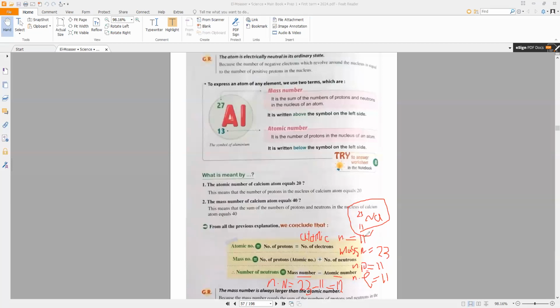The number of protons equals the atomic number, 11. The number of electrons equals the number of protons, 11. And the number of neutrons equals mass number minus atomic number, 23 minus 11, equals 12. This is an example on atomic number and mass number.